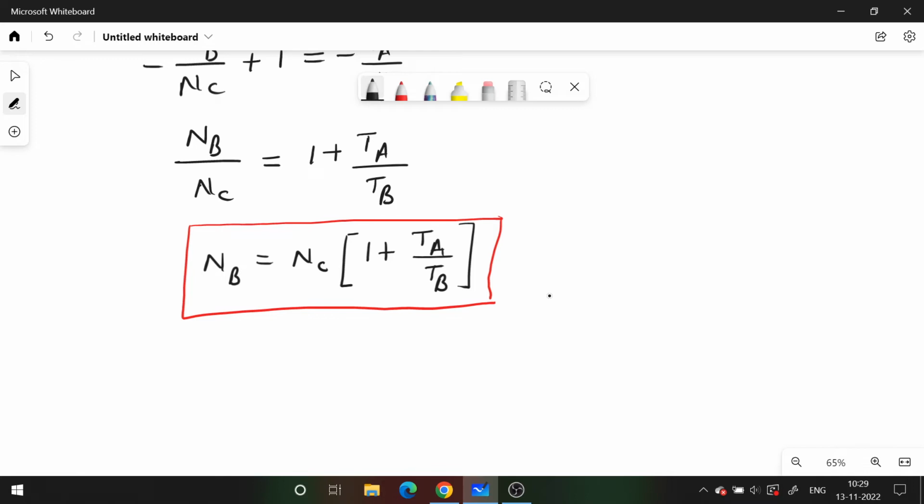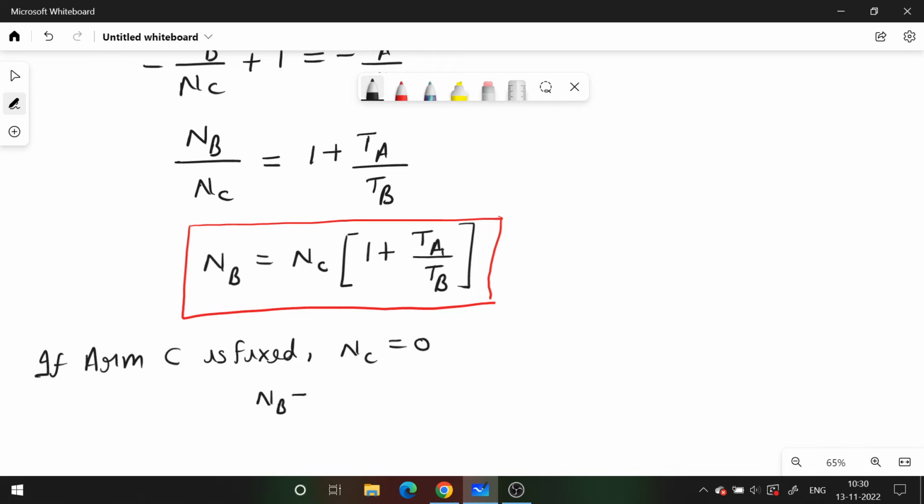Instead of gear A, suppose the arm C is fixed. Then the ratio of the speed of gear B to the speed of gear A is obtained from equation 1. NC will be equal to 0.